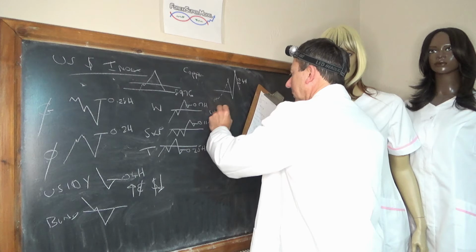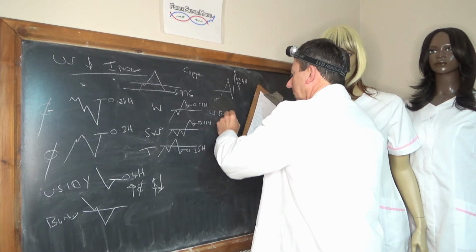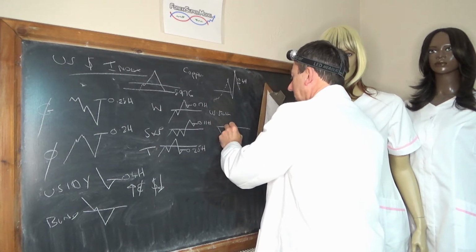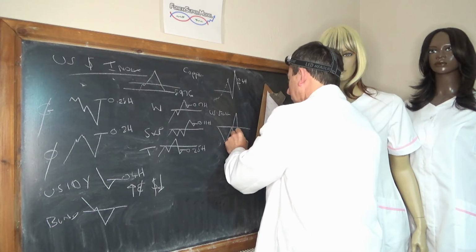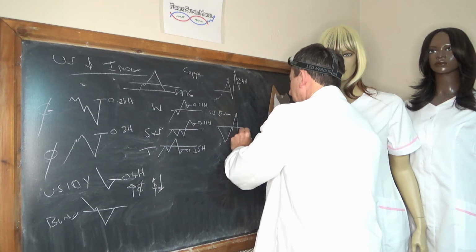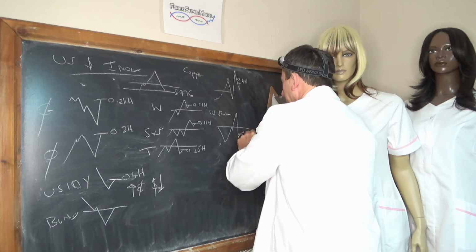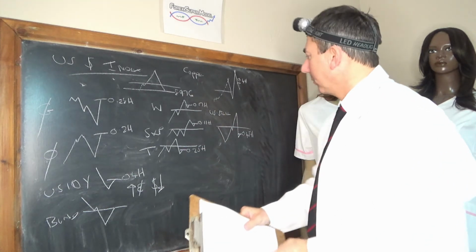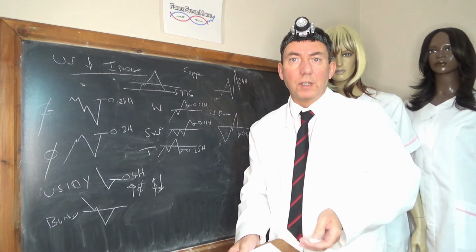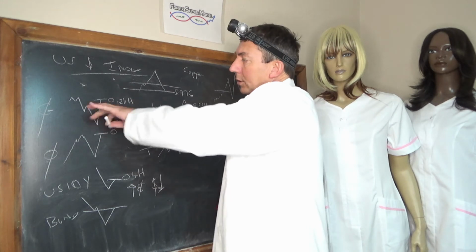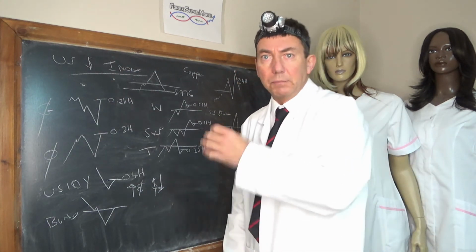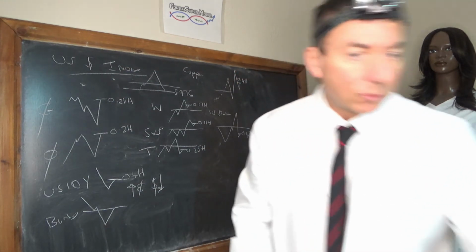US steel sold off at the double top. It broke, and it's trying to claw its way back up there. It's 0.45 from the high. But basically, copper and US steel are still a little bit soft, and they haven't recovered. Gold has come back, but it's not quite making it yet, and oil has recovered a fair bit.